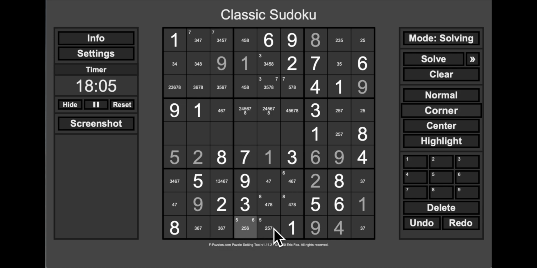But these could be 2. Oh, wait a minute. Okay, I can't have 3 corner candidates here. Doesn't make any sense. Yeah. This is not right.